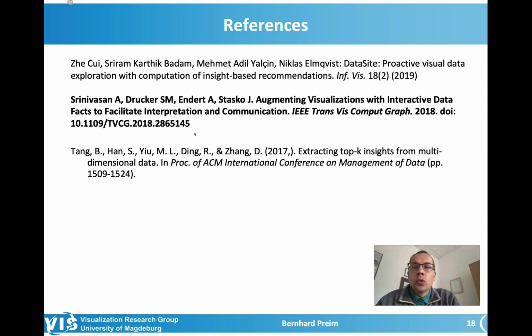Finally, as usual, the look at the references. I introduced this bold displayed paper here, Augmenting Visualizations with Interactive Data Facts to Facilitate Interpretation and Communication. It is based on, I would say, primarily two previous papers or related papers.